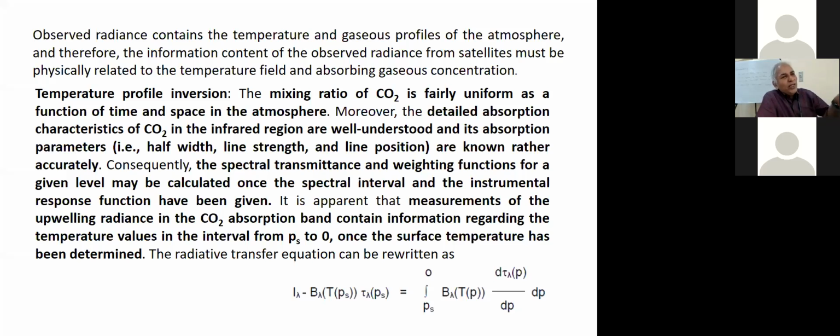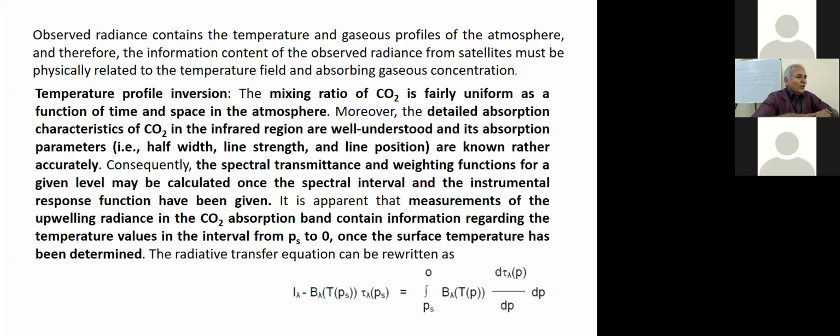The contribution, if at all, of the central part of the 15 micrometer CO2 absorption can only come from the upper layers of the atmosphere, because there is very little of the atmosphere above that to absorb the radiation.